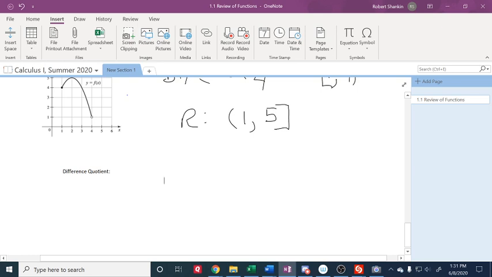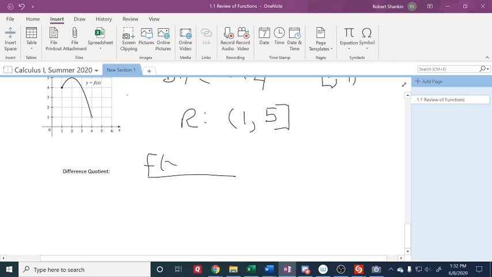A difference quotient is a quotient, so it's a fraction, and it looks like this. It has two different possible formats.